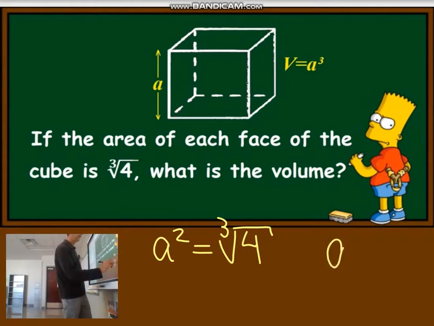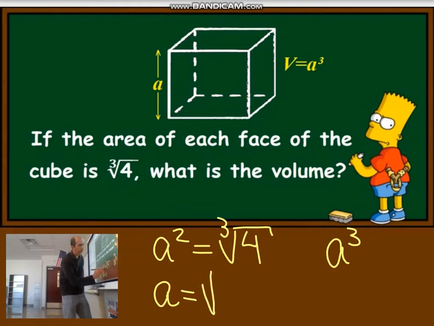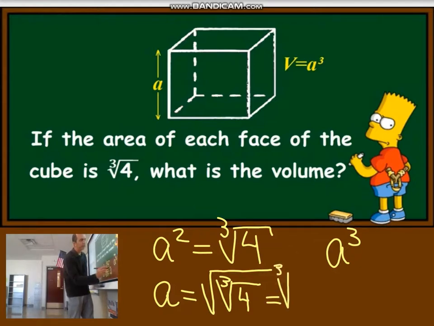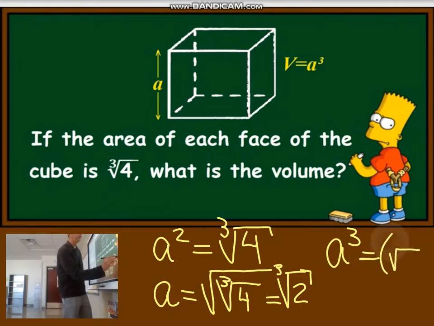The volume is a cubed. Maybe we can just find a first, and a is going to be equal to the cube root of 4. If you think about it, because 4 is 2 squared, this is cube root of 2, right? Cube root of 2. Then a cubed, you have cube root of 2 cubed.